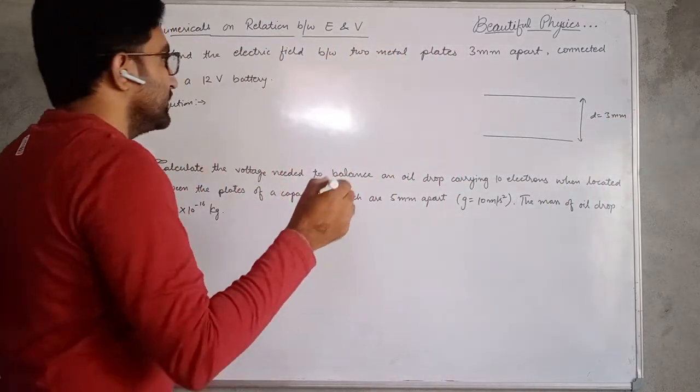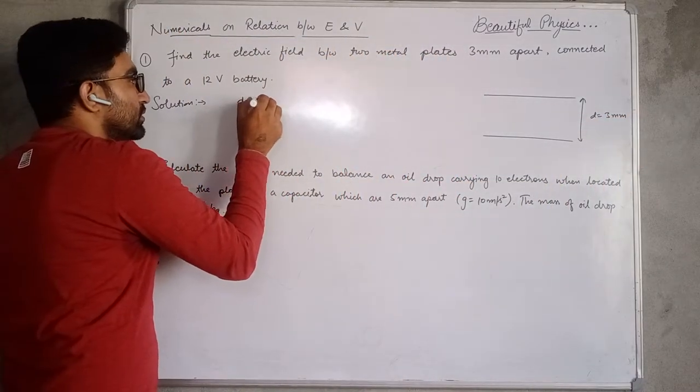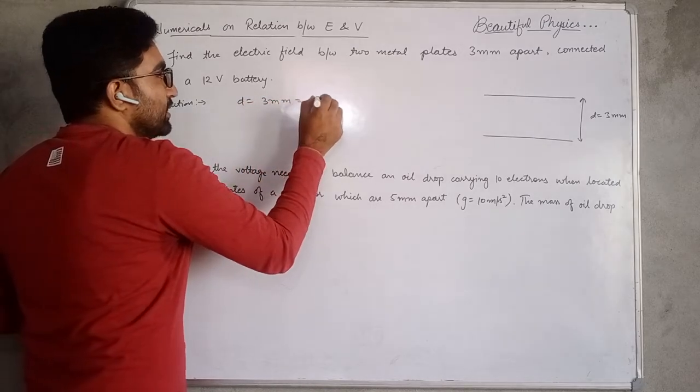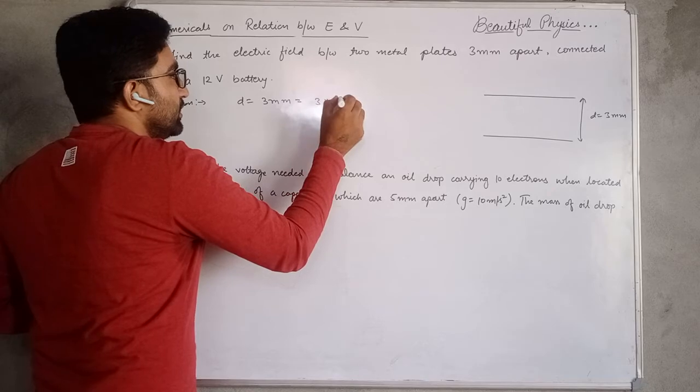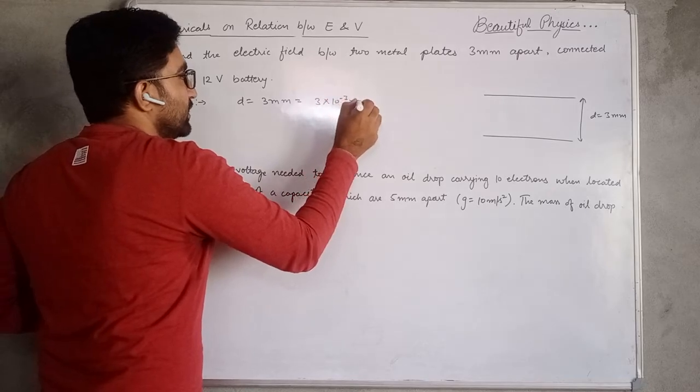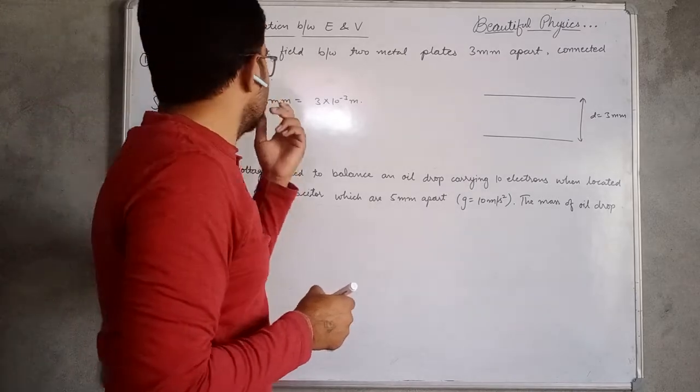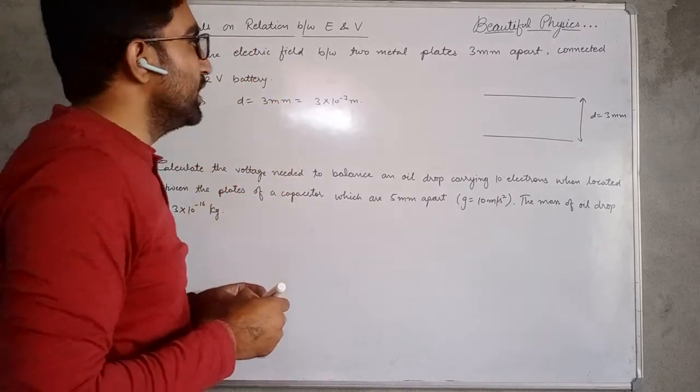We have to convert it into meter, so it will be 3 into 10 raised to power minus 3 meter. And the plates are connected to a battery of 12 volts.